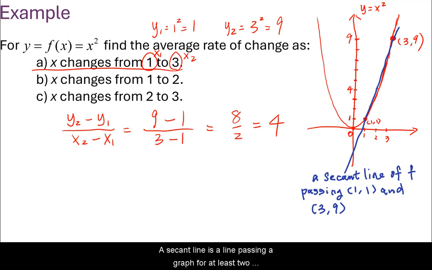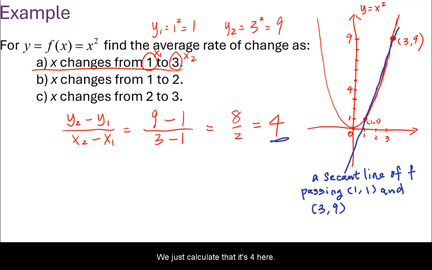A secant line is a line passing a curve at least 2 points. And the slope of this secant line is the average rate of change from 1 to 3. We just calculated that.